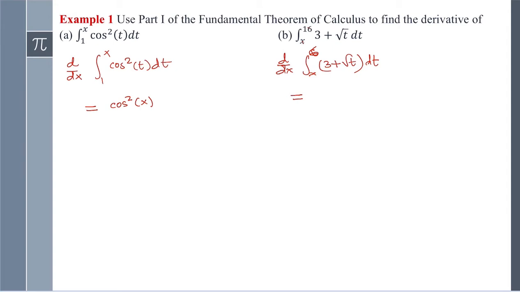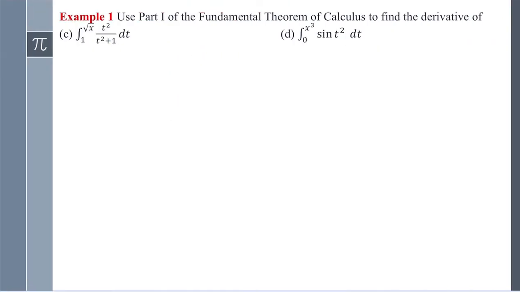So let me rewrite this. This is the same as negative d over dx of the integral from 16 to x of 3 plus square root of t dt. Now we can use the fundamental theorem of calculus, and this becomes 3 plus square root of x. We have that negative sign because we switched the limits.